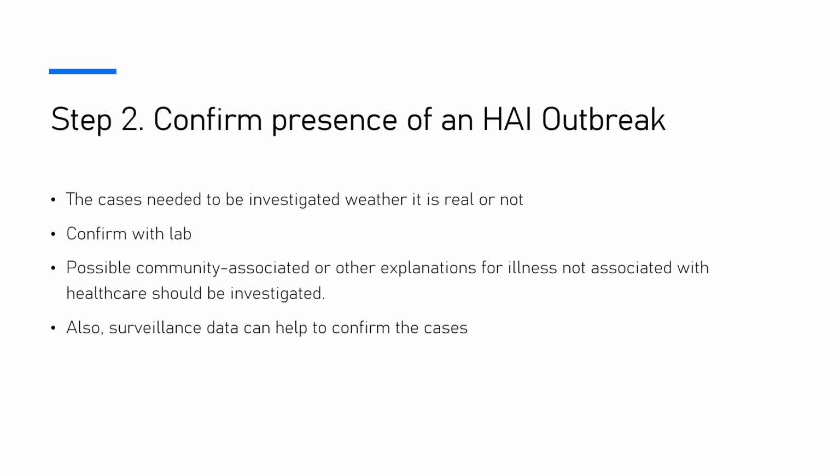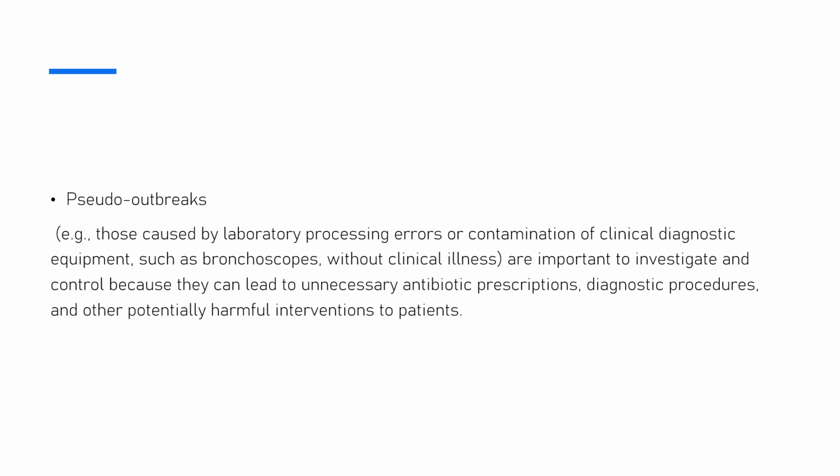Also, you can use the help of surveillance data that can confirm the cases. As we see, this step can be important for any clinical or diagnostic procedures and to prescribe antibiotics for the patient.